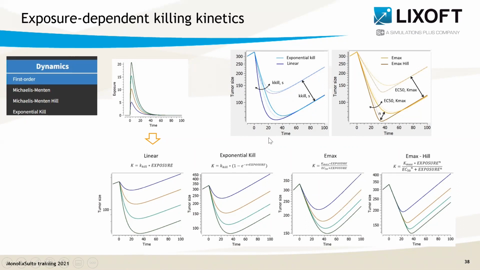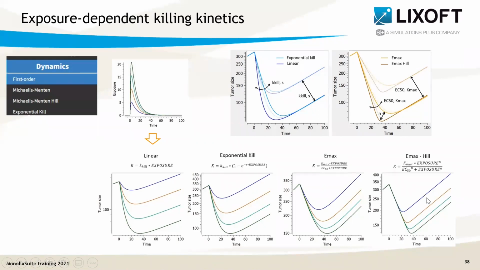I won't take the time to detail exactly this figure that is in our documentation, but it shows that we have some more flexibility. And then on the right, we can see the two nonlinear kinetics. First, one that considers an Emax model that is commonly used to model nonlinear drug exposure effect relationships, and a simple extension to a Hill function that can bring more flexibility on the curves.